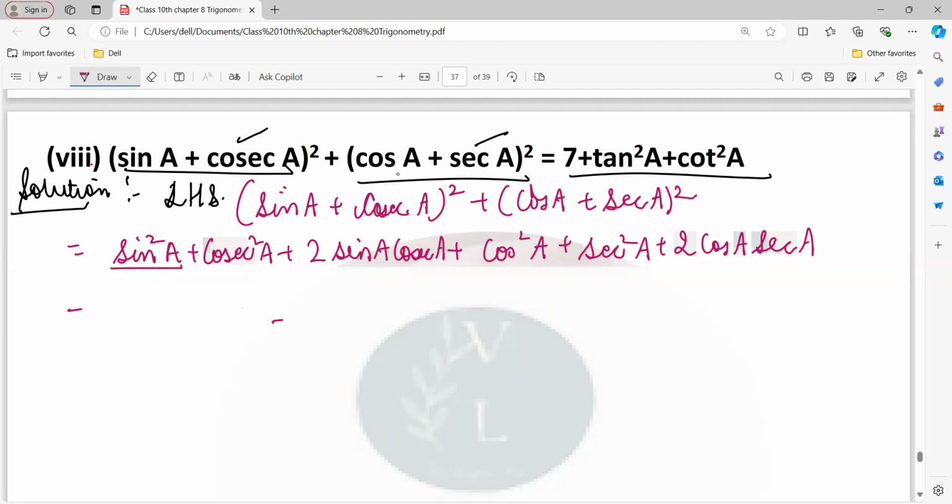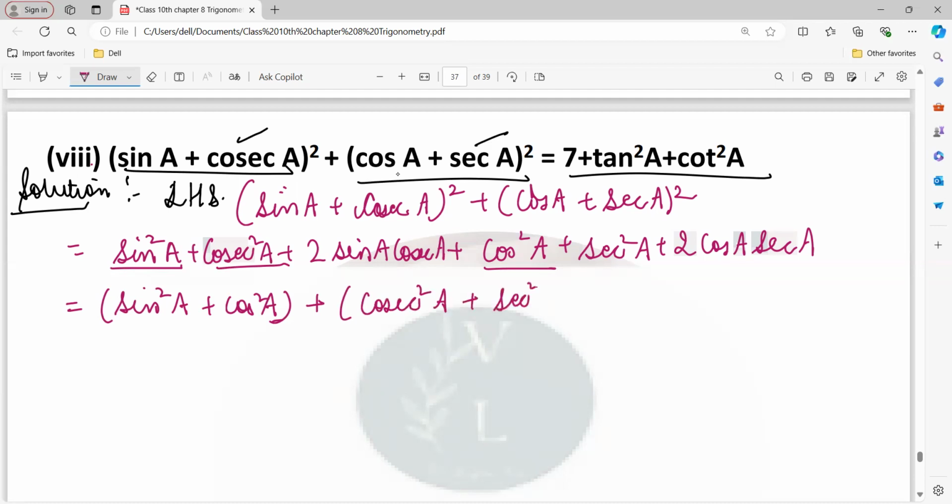Now this sine square A plus cos square A will be equal to 1. We'll take it in one bracket, and plus cosecant square A plus secant square A plus 2 sin A into cosecant A.